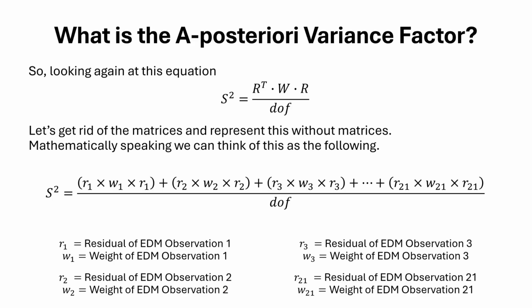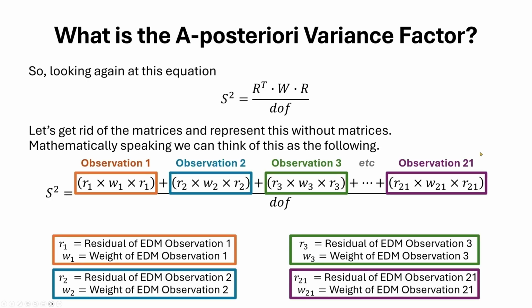So looking at this equation again, let's get rid of the matrices and just represent this without them. Mathematically speaking, we can think of this as the following. The variance factor is equal to, for the first observation, residual times weight times residual. Then for the second observation, it's the residual times the weight times the residual. Same for the third observation, on and on, and for the final 21st observation.